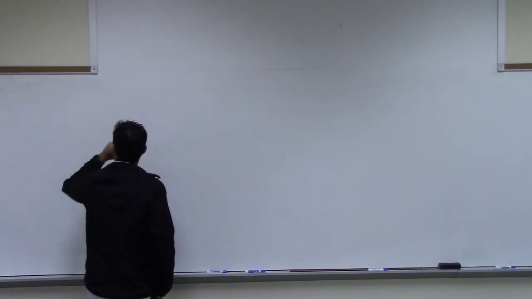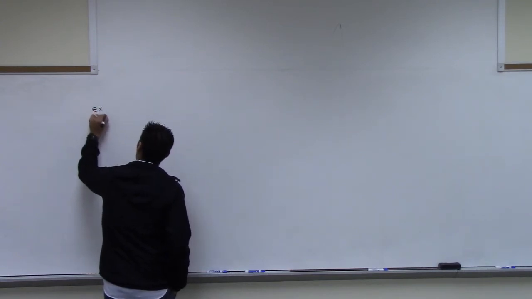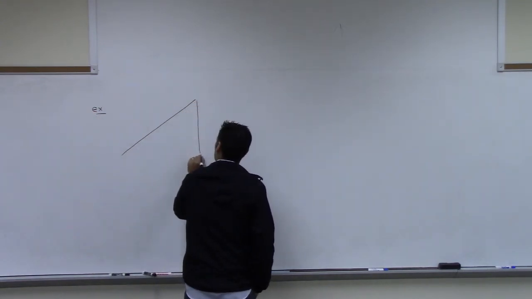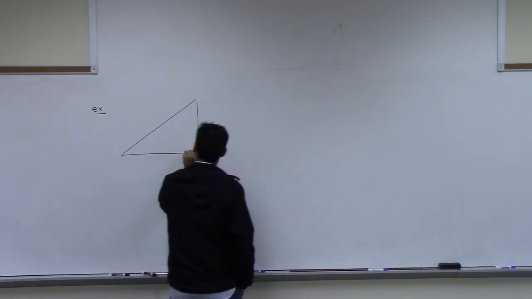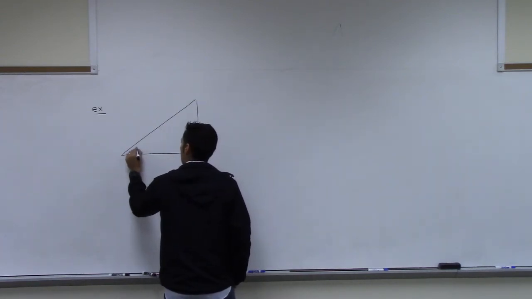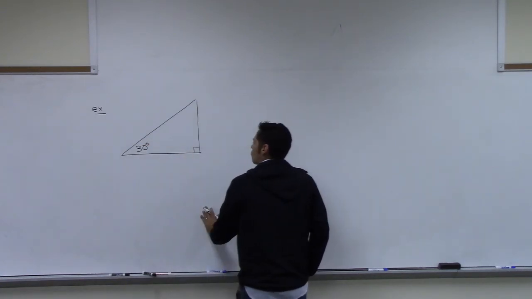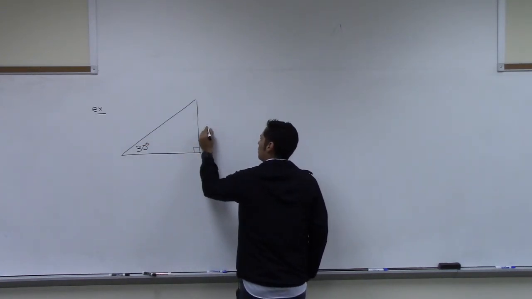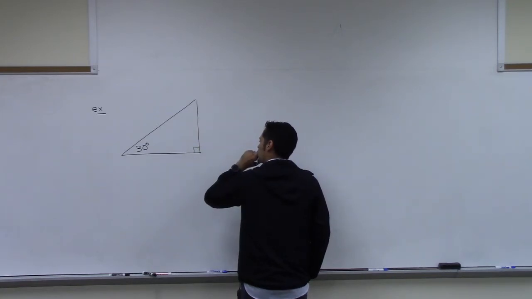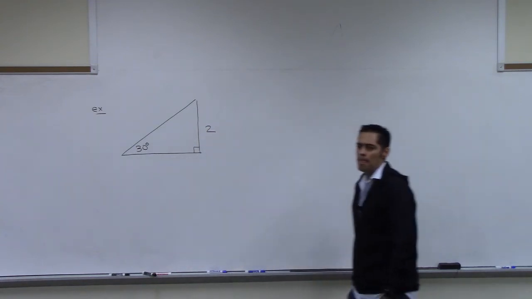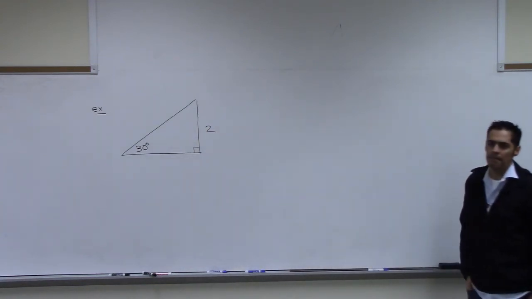Here we go. Example. Here's a right triangle. This is 30 degrees. This is 2. Okay?